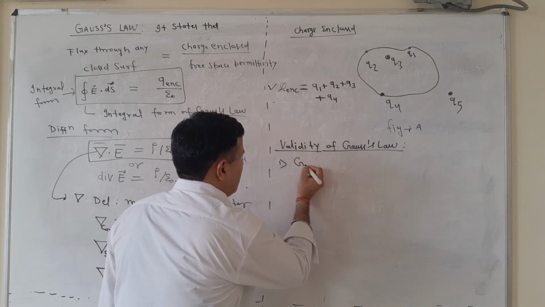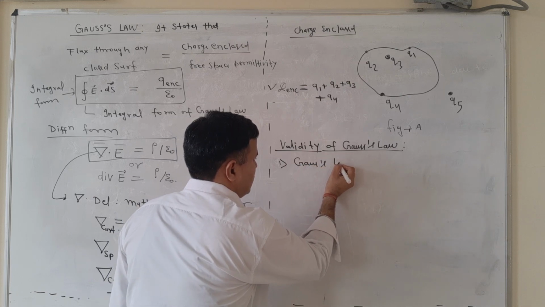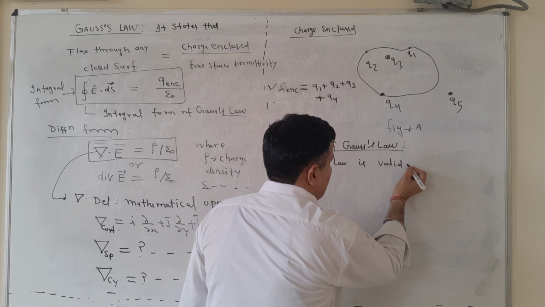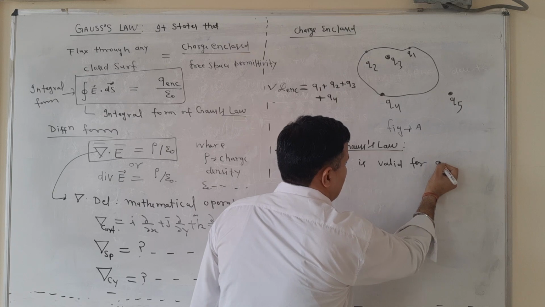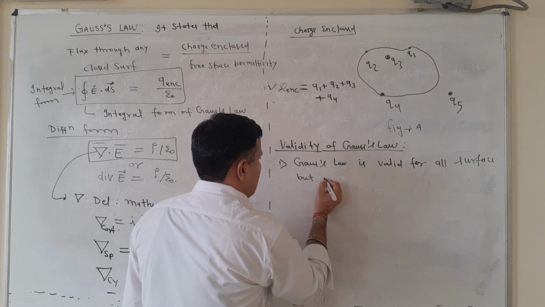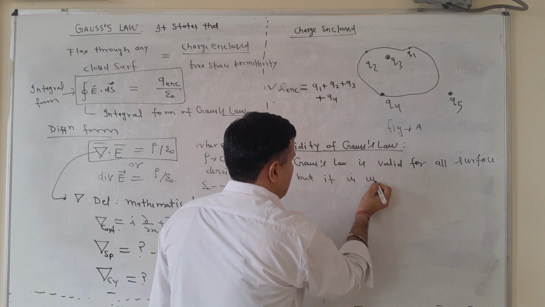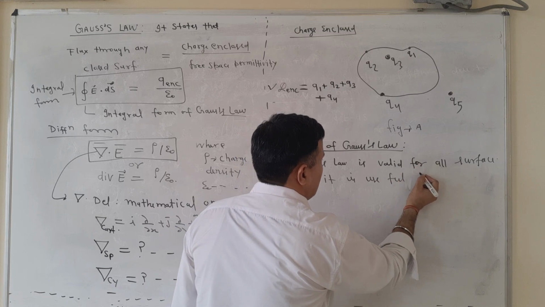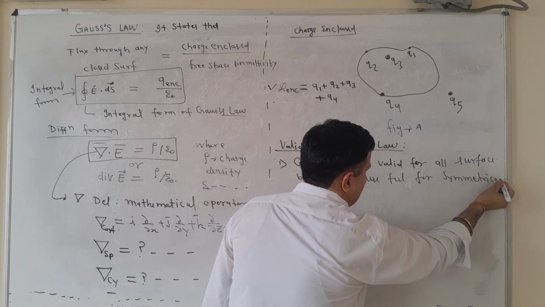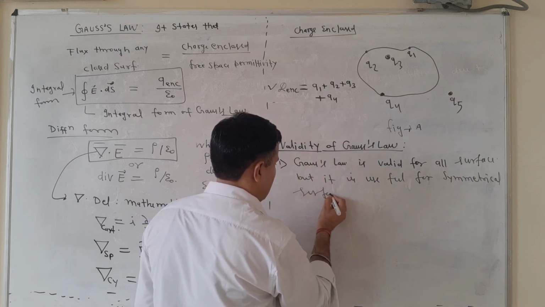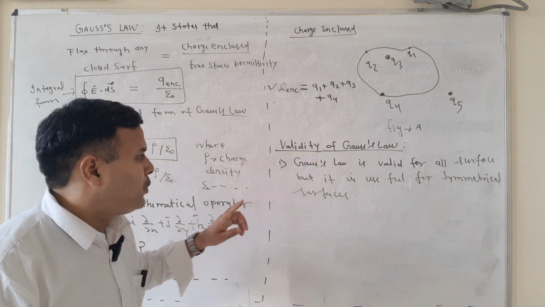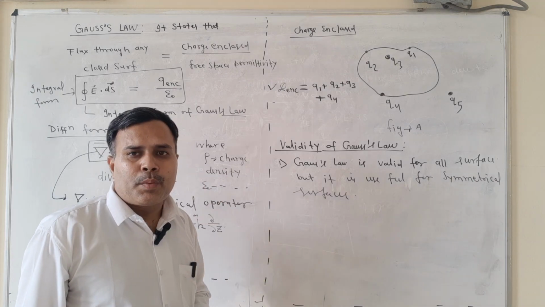So Gauss law is valid for all surfaces, but it is useful for symmetrical surfaces.